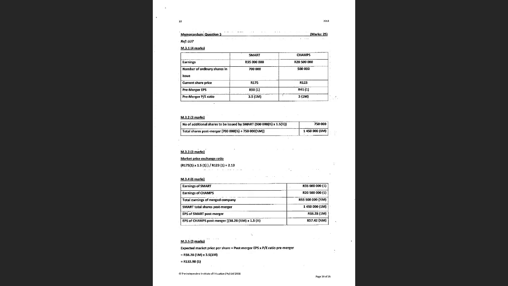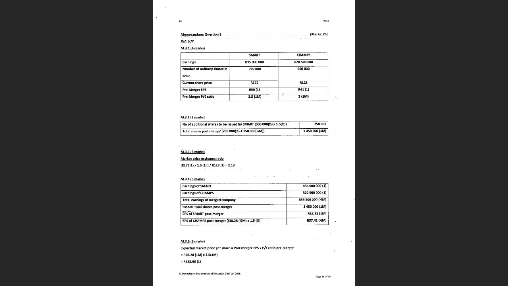So for Smart, our post EPS is then the combined earnings divided by the total amount of shares that are in issue after we've issued the new shares to purchase Champs. That's 38.28. And then the EPS of Champs is this, the EPS of the acquiring company multiplied by the share swap exchange ratio.